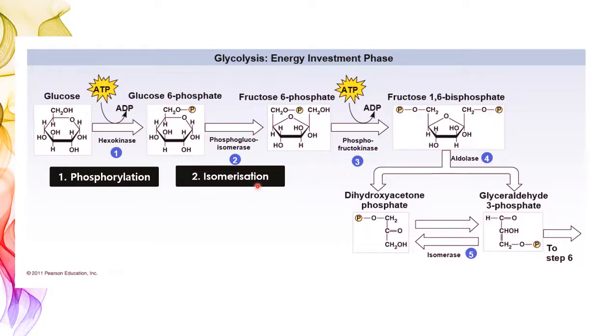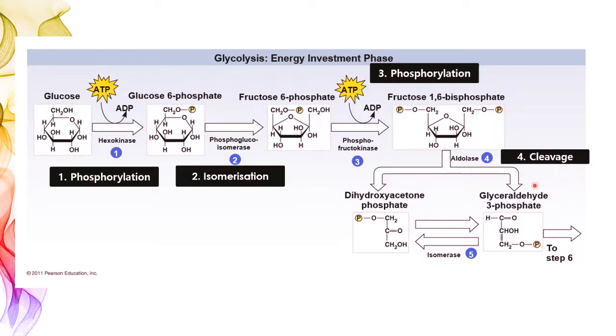And then the third one is phosphorylation. Another ATP will come and donate its phosphate group to the fructose 6-phosphate, and now it becomes fructose 1,6-biphosphate. It is now a structure with 6 carbons but with 2 phosphate groups. This fructose 1,6-biphosphate will need to be cleaved, and this will produce 2 molecules with 3 carbons.